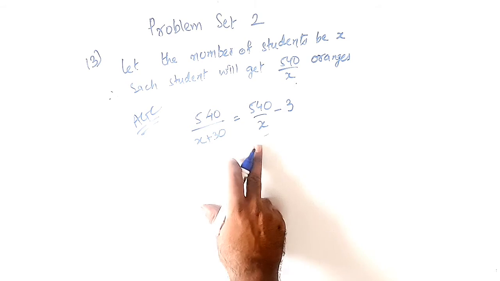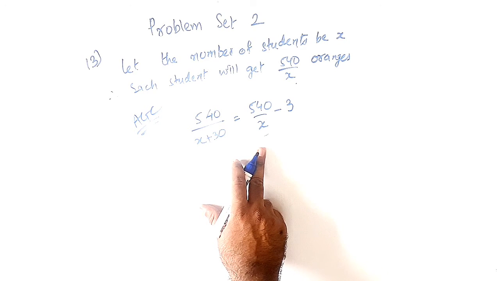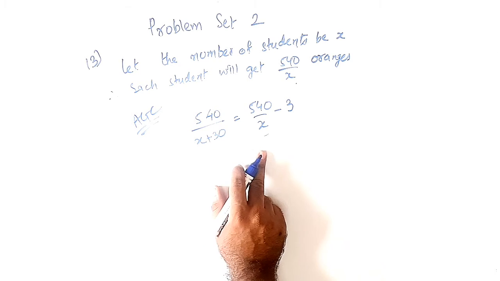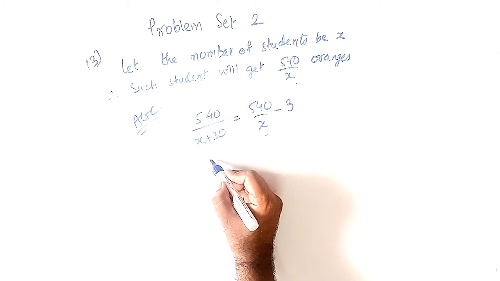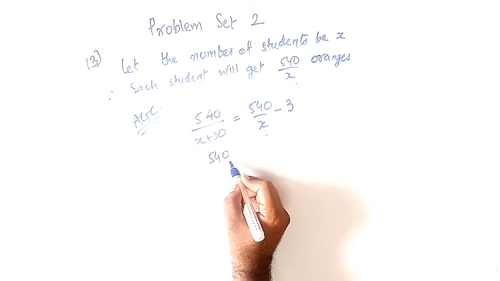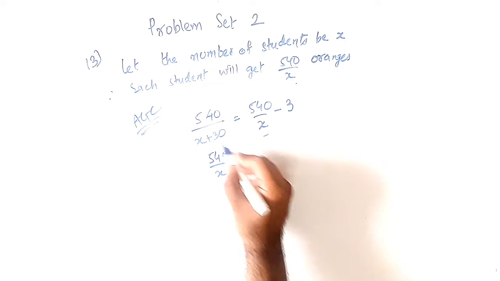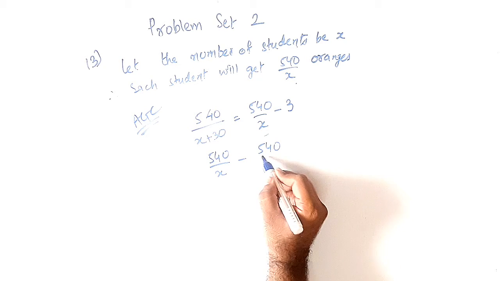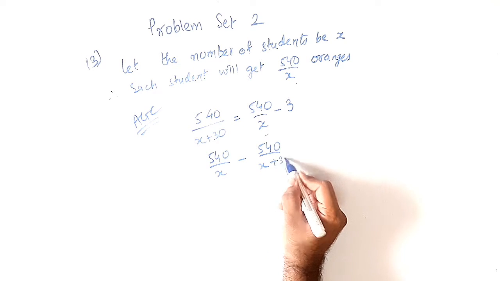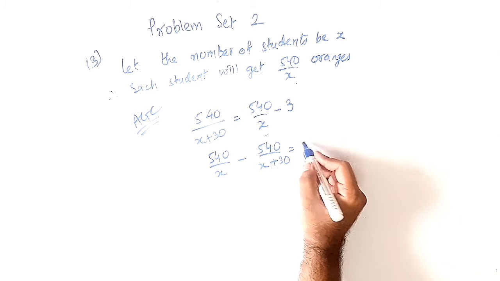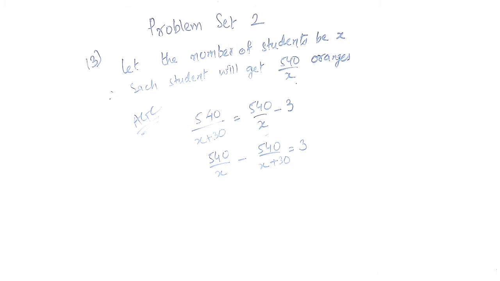How will we do? First I will multiply this with x bracket x plus 30. So 540 upon x minus this, I will shift it here, 540 upon x plus 30 equal to 3, will go there, it will become plus 3.